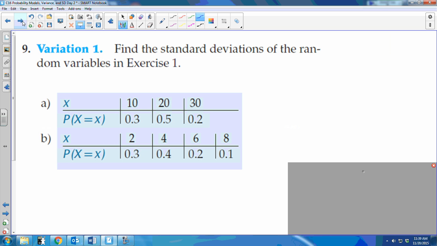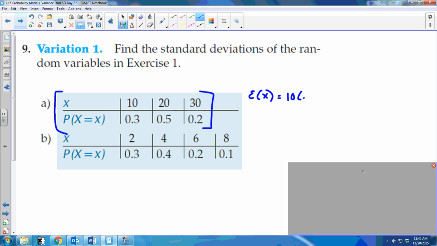So, in order to do this, we have to have an expected value. So here's the probability model. We'll just do A. We need to find the expected value first. So how do you find the expected value? We talked about yesterday. You multiply the outcome times its probability, and then you add them all together, right?